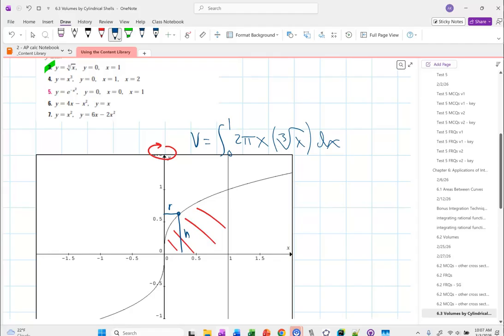So here the radius is just x, and the height is just f of x. It's like the classical, easiest possible setup.